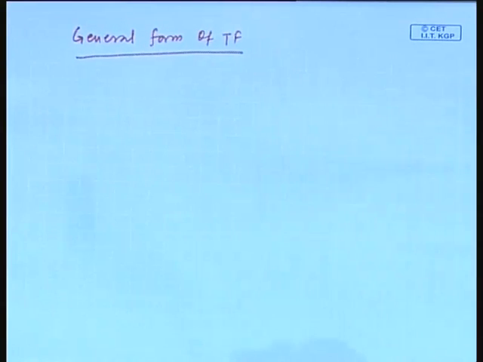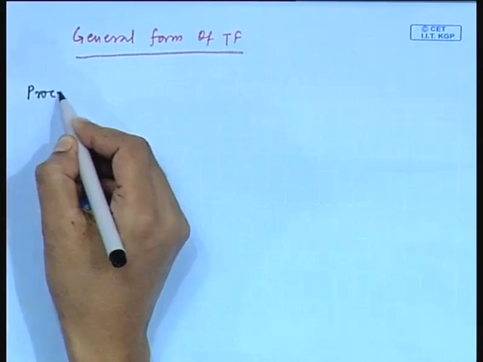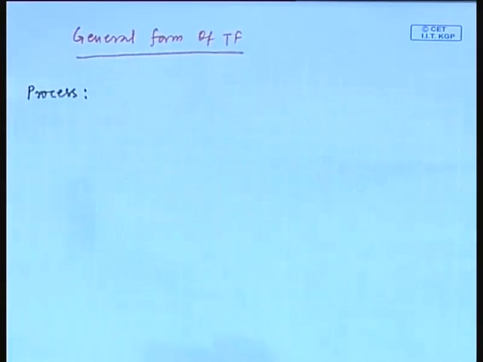So, an nth order system we will represent by a linear ordinary differential equation. I mean, the process will represent by an nth order ordinary differential equation in linear form.